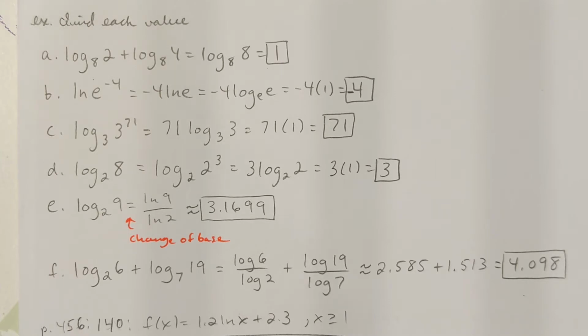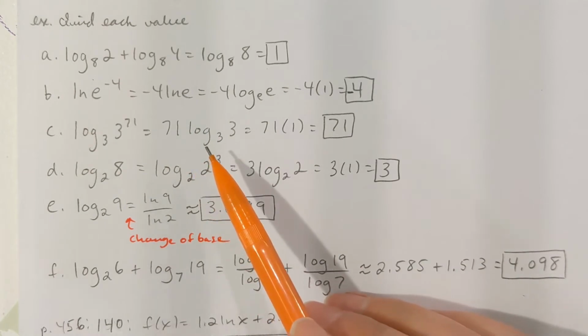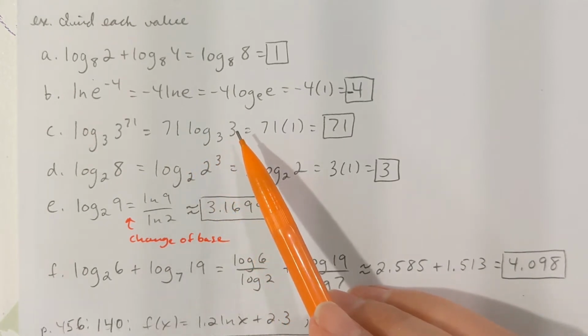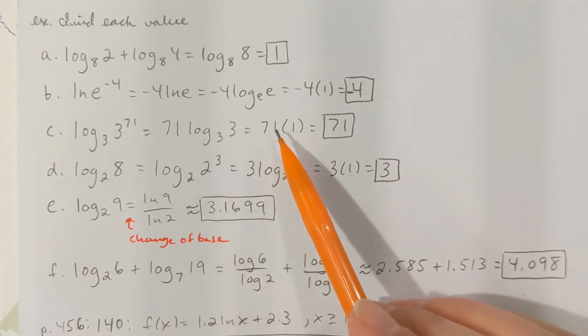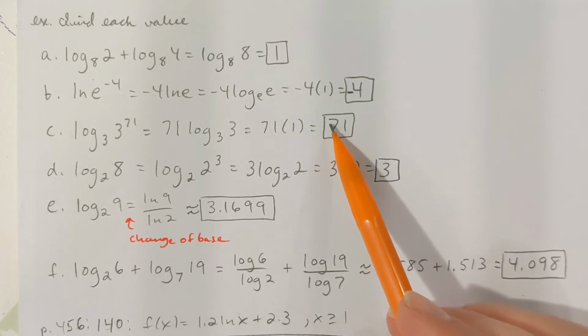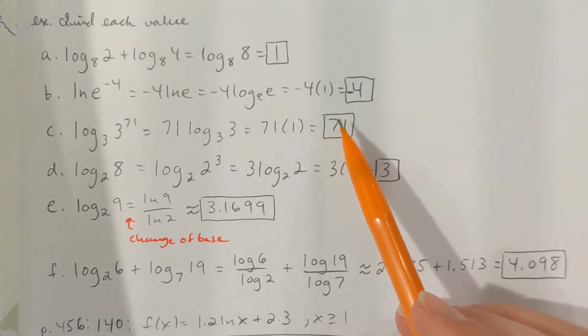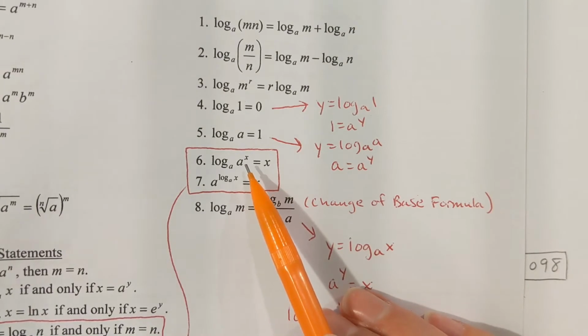Part C, we've got log base 3 of 3 to the 71st. So 71 can come in front of the logarithm, again using law 3. Log base 3 of 3 is 1, since the base and the input number are the same. And so really I'm just taking 71 times 1, which is 71. Another way that you could have done this is you could have used law 6 in the problem.